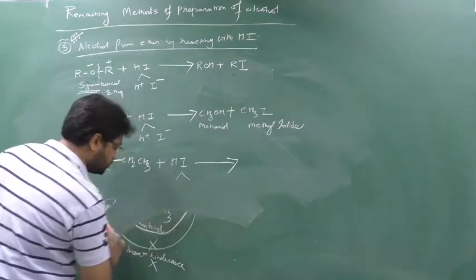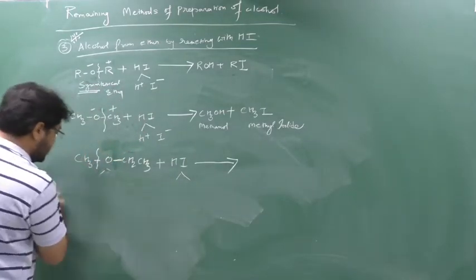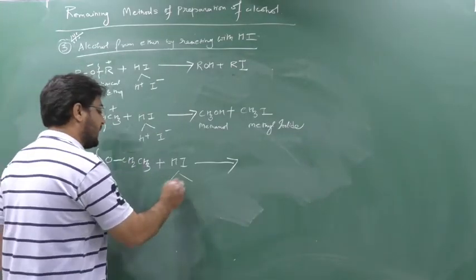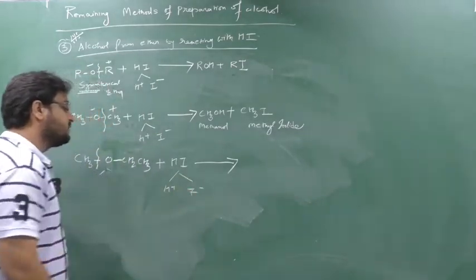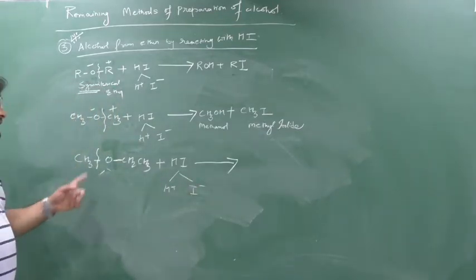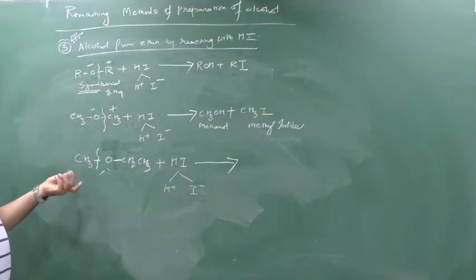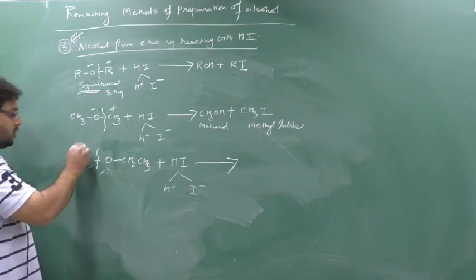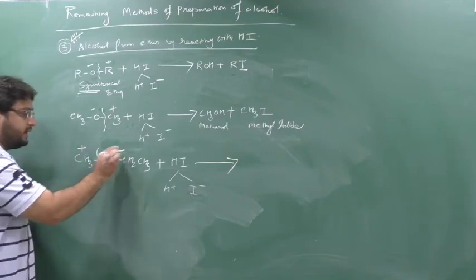You should remember that during the reaction of HI, as the size of I minus is very large, I minus will react with the carbon chain which contains fewer carbon atoms in the ether. Why? In the chain with fewer carbons, there is minimum hindrance. So here CH3 plus will be there, and oxygen in this portion creates a minus charge.